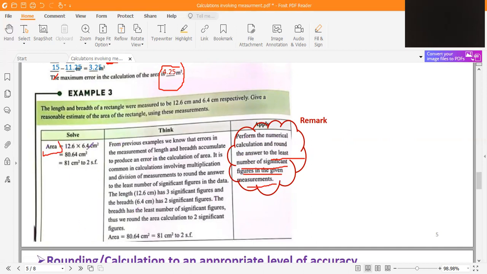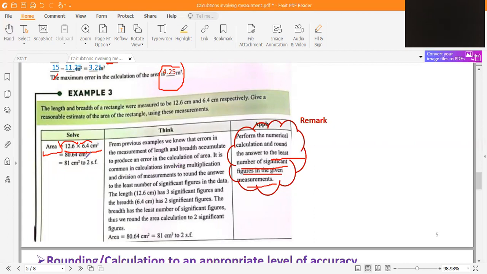We first perform the numerical calculation 12.6 by 6.4, and we should know that 12.6 contains three significant figures, while 6.4 contains two significant figures. So the minimum between 3 and 2 is 2.